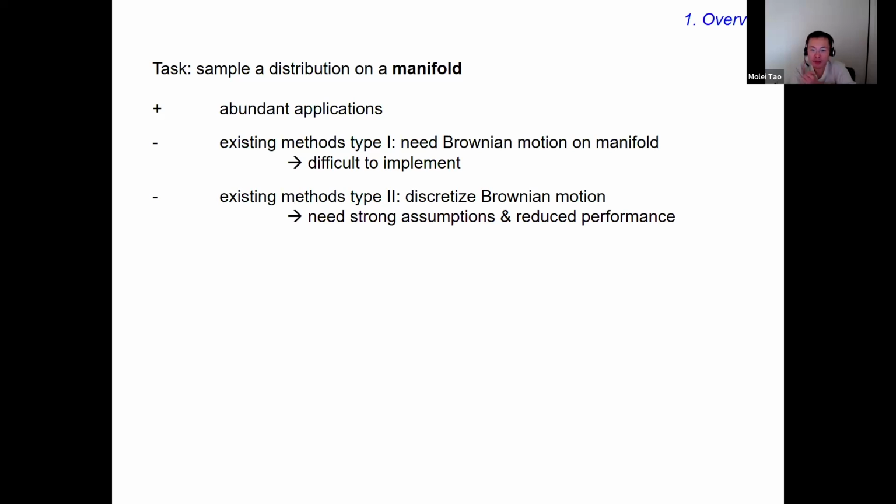Maybe I should have said that Brownian motion is easy to define on a Euclidean space, but on a manifold, it's very difficult to implement exactly. So you have to make approximations, and then you have to make stronger assumptions, and you get reduced performance. And also, existing methods didn't really utilize momentum, at least not in a provable way.